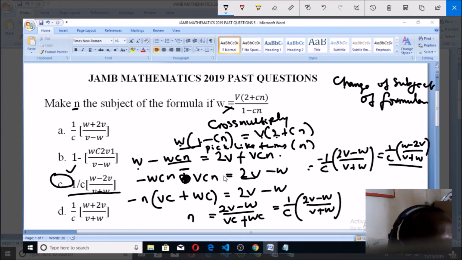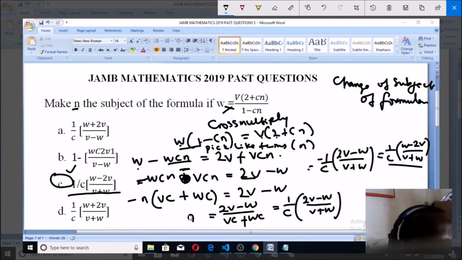So that's why we have this. Now there's minus here and there's minus here. So take out the minus with n, which is common. So you have minus n into brackets. You write this one vc plus wc, so I just wrote this one first before this other one, to be equal to this.